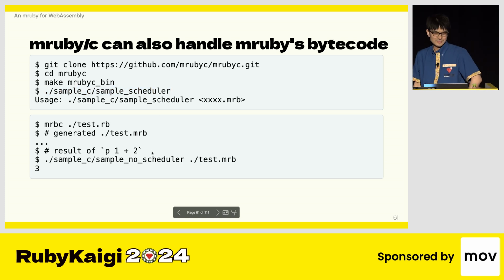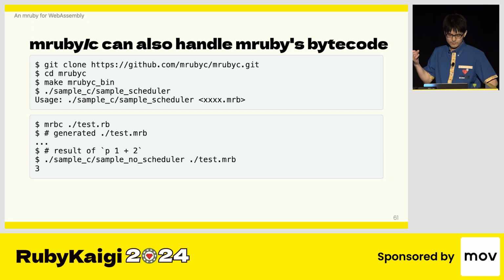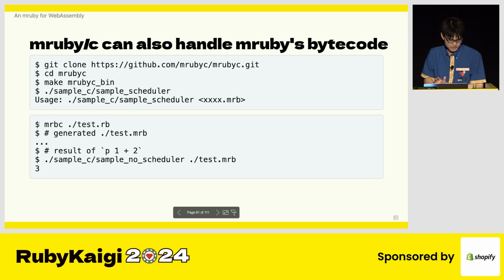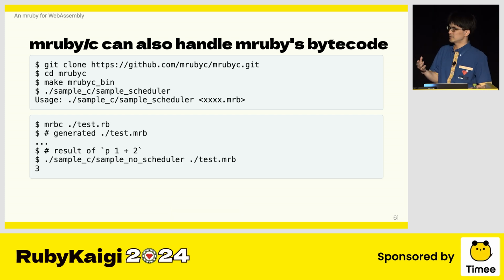The scheduler command corresponds to the mruby binary, and you prepare the test.mrb in advance using mrubc, and you can pass this into that command. The result is shown. Okay, so mruby's bytecode file can be used for mrubc.